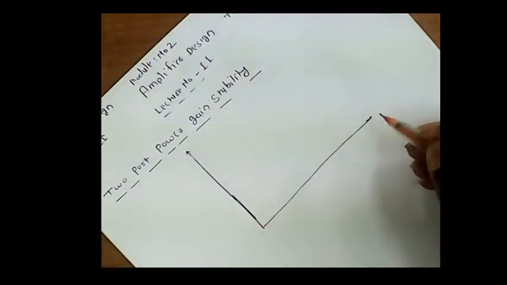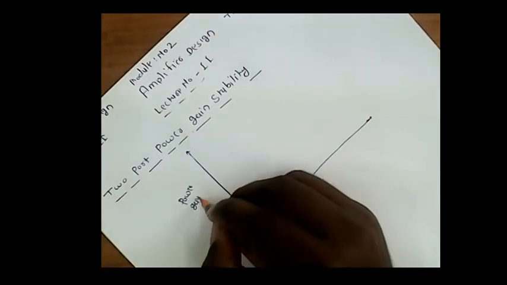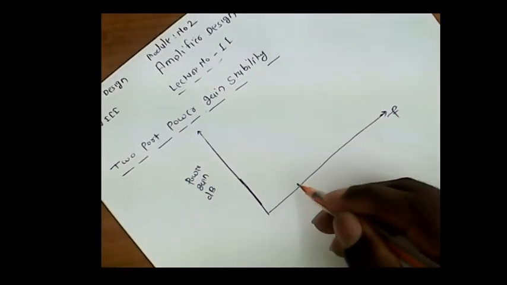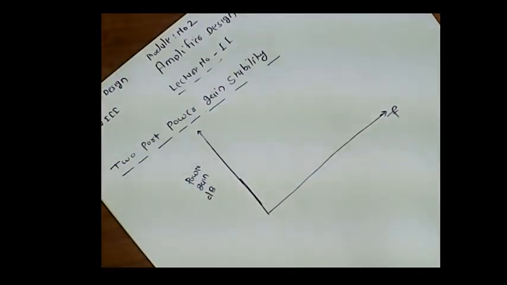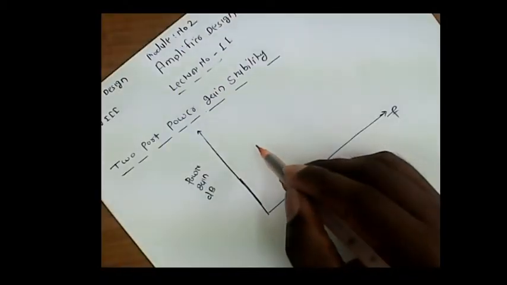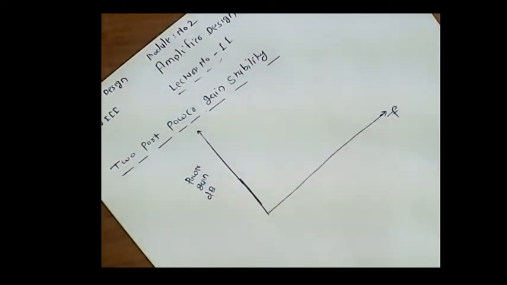On the y-axis there is the power gain in dB, and on the x-axis there is the frequency. At low frequency, the transistor can define a short circuit gain, which is defined in terms of h parameters, that is HFE.